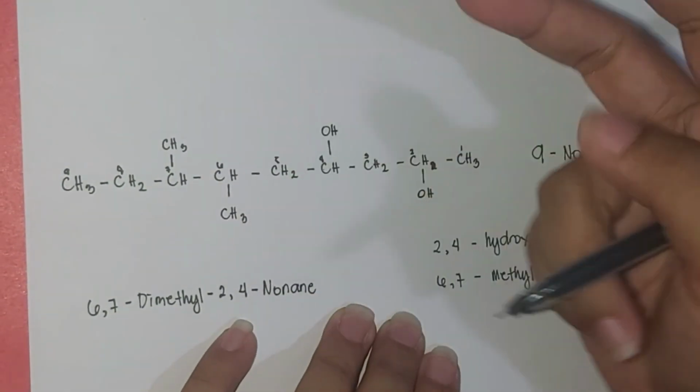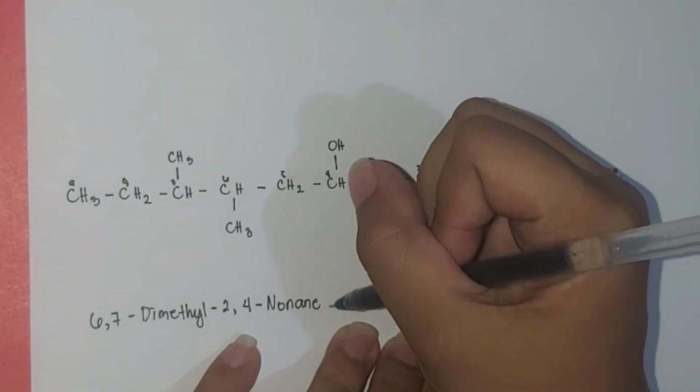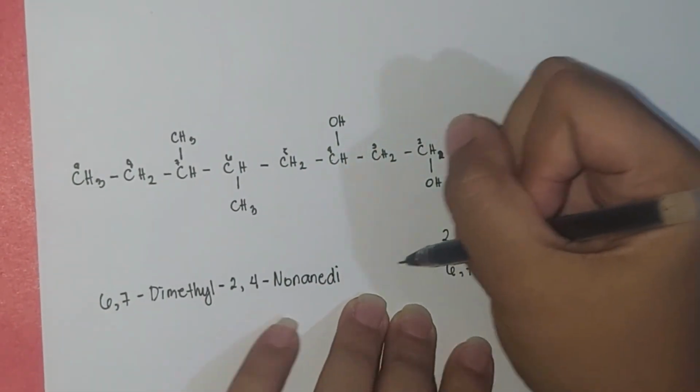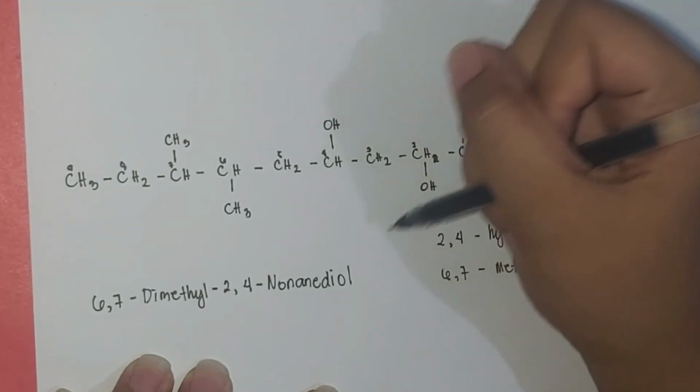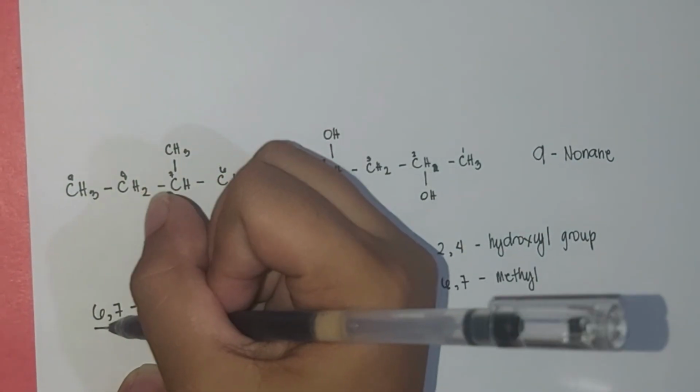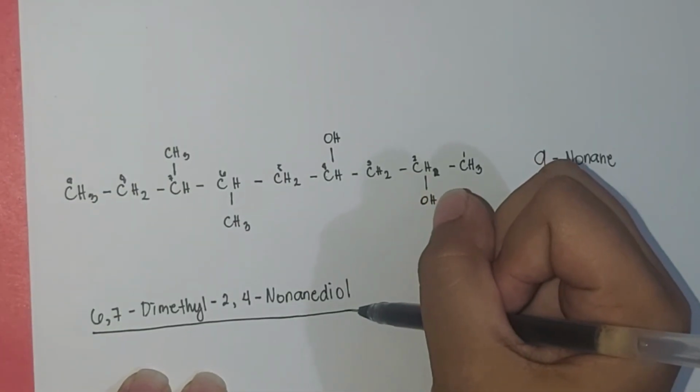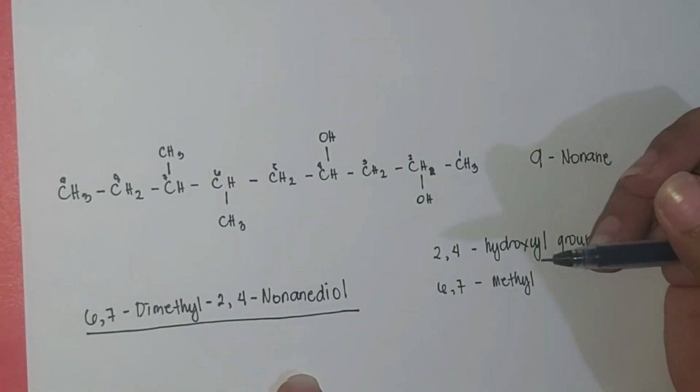And since we have 2 hydroxyl groups, we have to put di and the suffix ol. So the name of this structure is 6,7 dimethyl 2,4 diol.